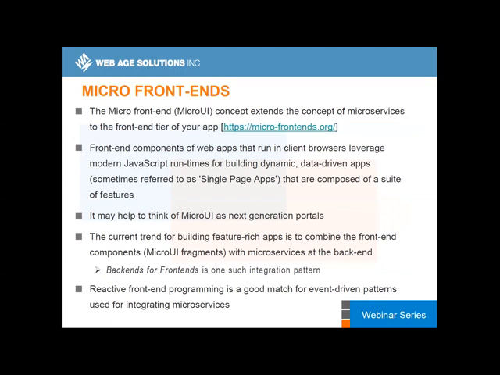And that backend has a very close relationship. It's just a backend and front end combined together in one integration pattern. Visualize it as some sort of pillars, some sort of verticals where you've got elements of UI and elements of the backend joined together.